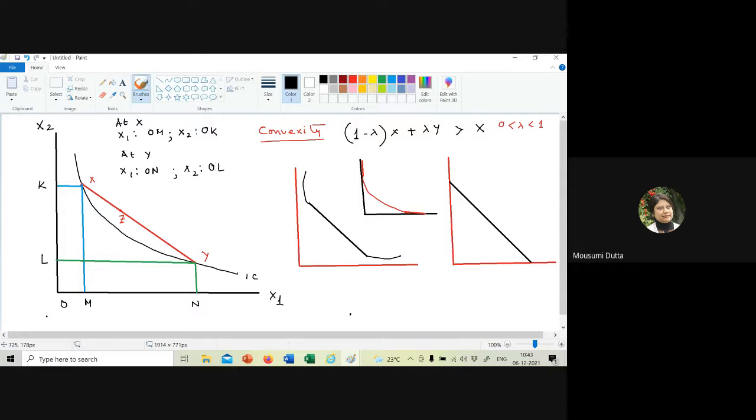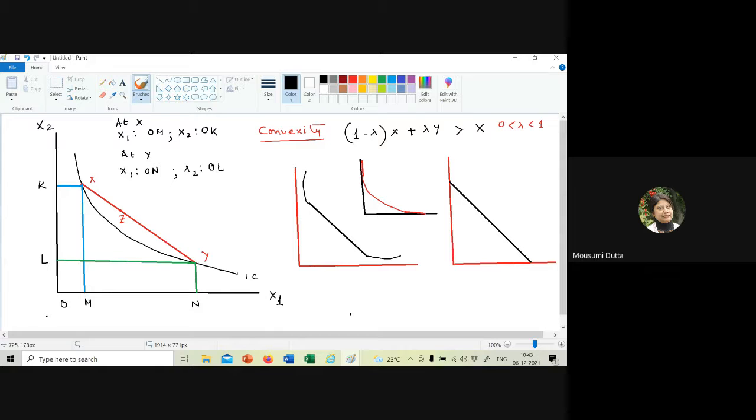That means both the blue and the green combinations are giving me an equal level of satisfaction or utility. Now I am joining the two points x and y by a straight line given by XY.